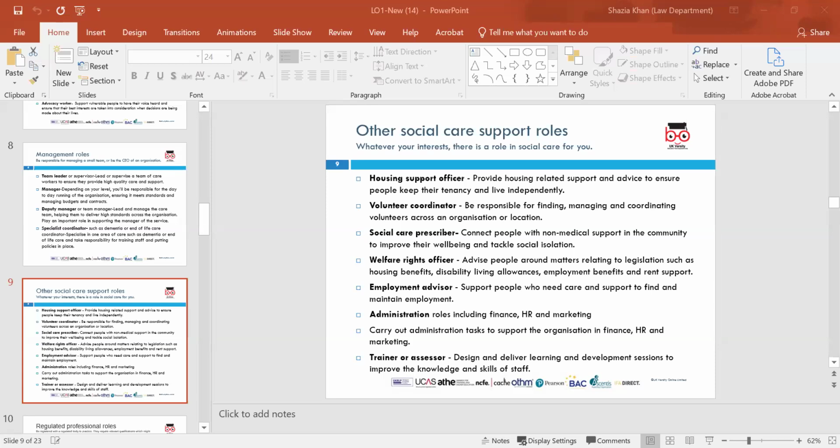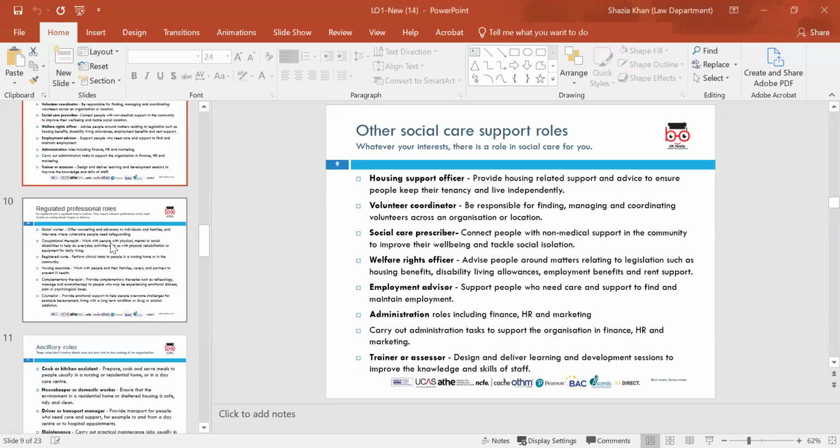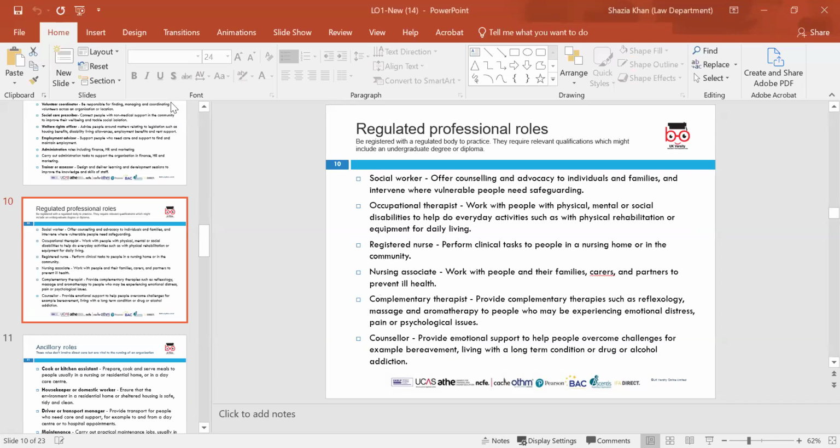And then you have a trainee and trainer or an assessor, and they are there to ensure that they are delivering training and improving the knowledge and skills of the staff, ensuring that staff have the right skills and knowledge for their job roles, designing and delivering training programs and keeping records for staff, you know, CPD.